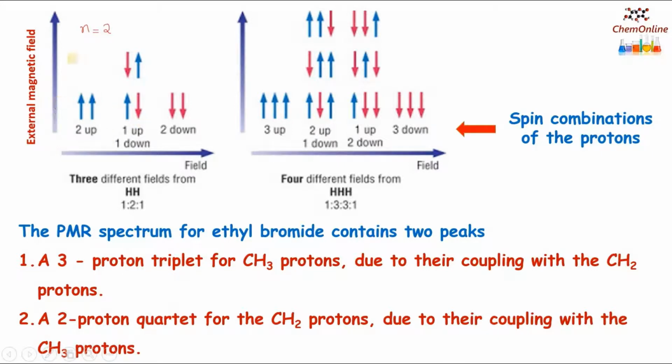Thus the peak due to CH3 protons will be split into three equally spaced peaks due to its coupling with the CH2 protons. And why three equally spaced peaks? Because of the possible orientations of the spins of the neighbouring protons.